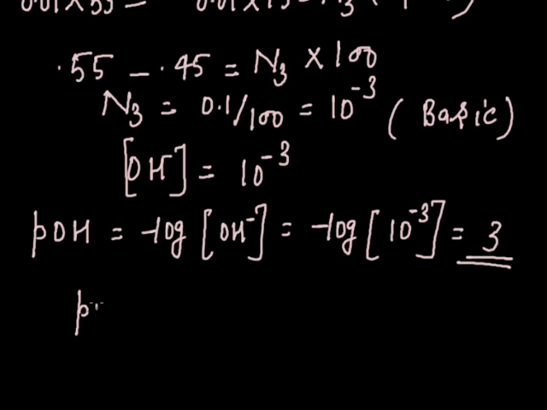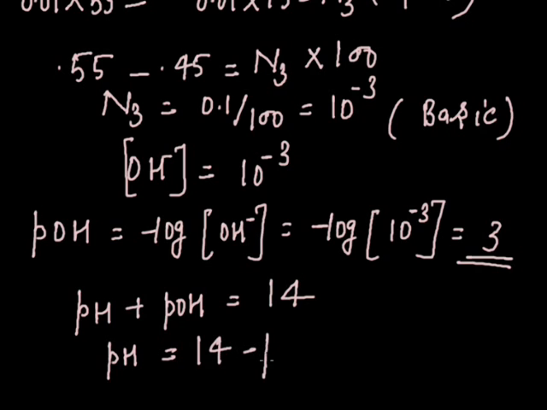Now again pH plus pOH is equal to 14. So if we know the value of pOH, then we can easily calculate the value of pH. Here pH is equal to 14 minus pOH, which will come out to be 14 minus 3, that is 11.